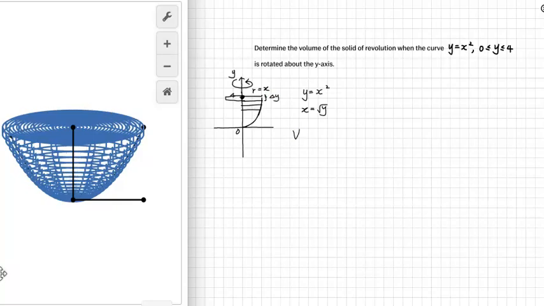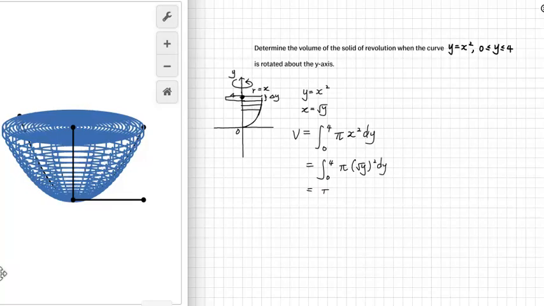So I know the entire volume is from 0 to 4 of pi r squared, so pi x squared delta y, and I'm going to replace the x with what I got above, so the square root of y, squared, delta y.